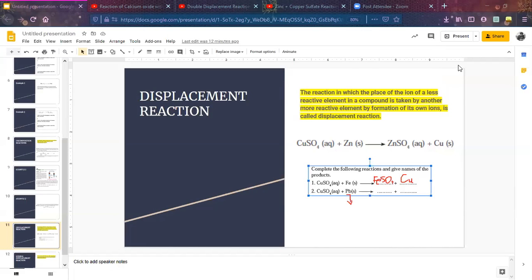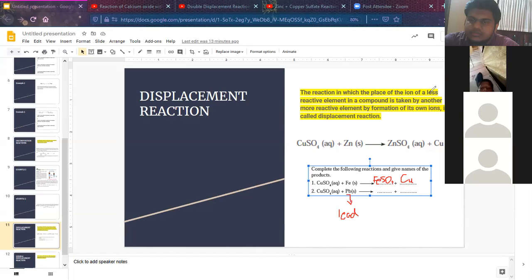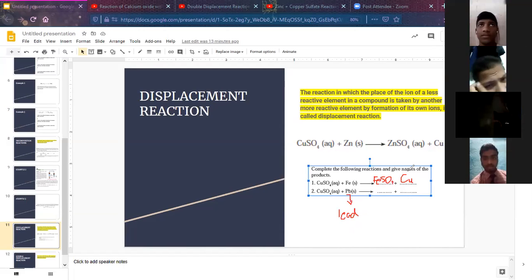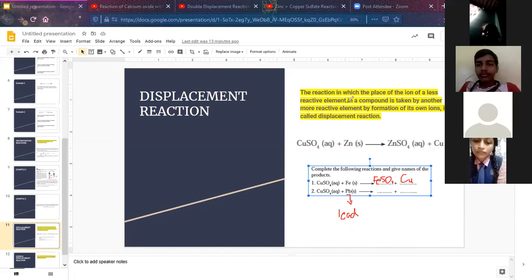PB is lead. How many of you were able to finish the answer? If you have finished writing this answer, you can raise your hand. I will give you a chance to say the answer. I can see Ayan's hand up.